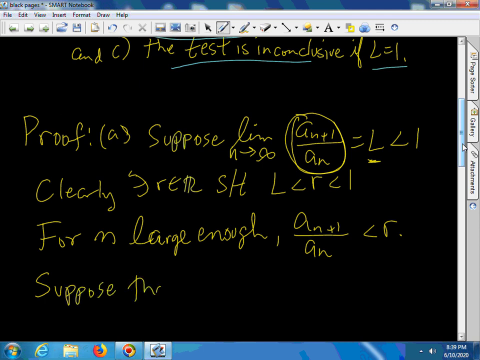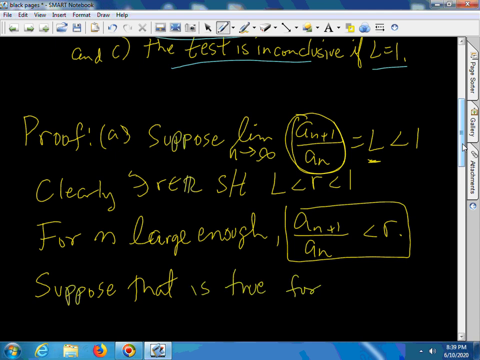Suppose that, meaning this, is true for n bigger than capital N. So when n is bigger than capital N, all of the terms are going to be less than R.